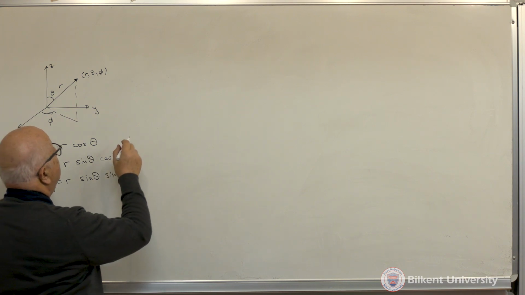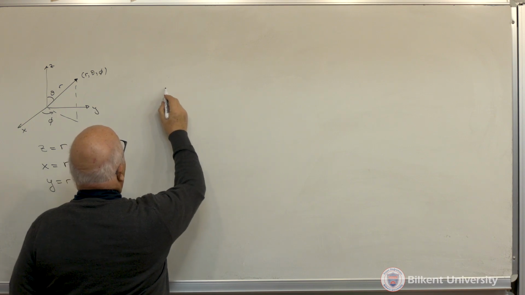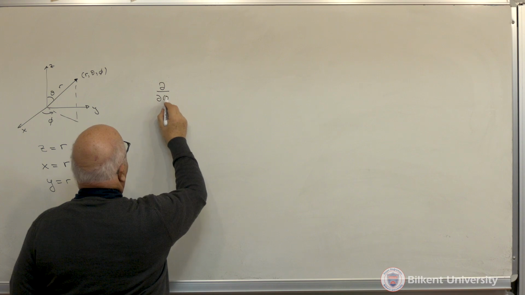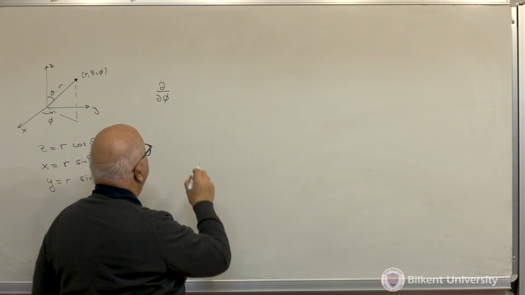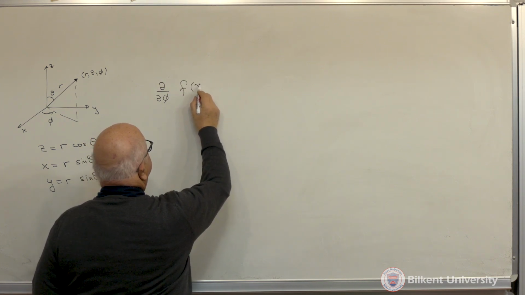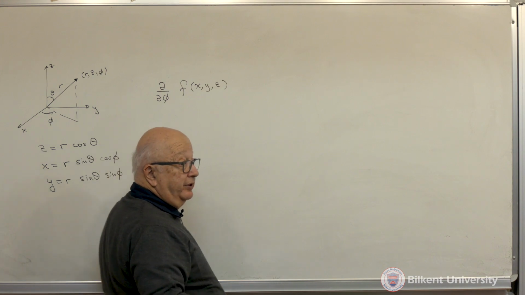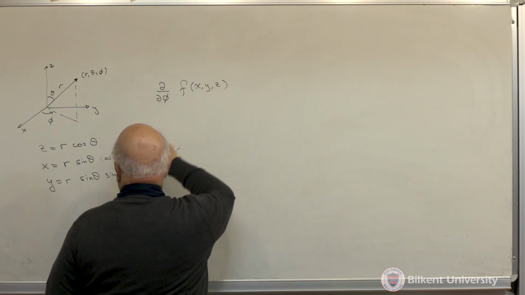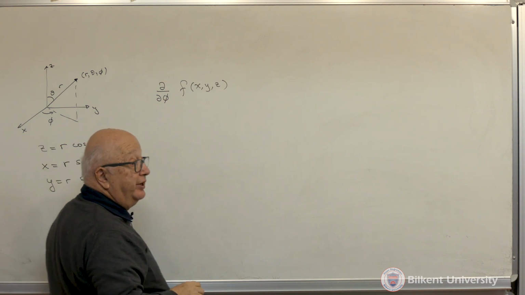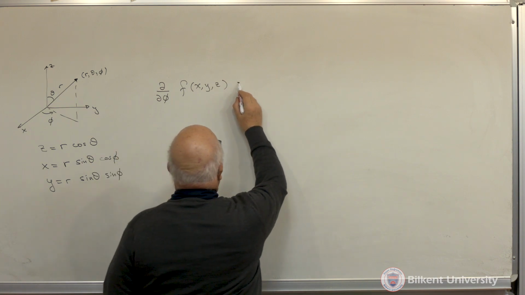Now, suppose I have a function of x, y, and z, but I want to find the phi derivative of it. Phi is hidden inside all of those variables. So how do I do it?